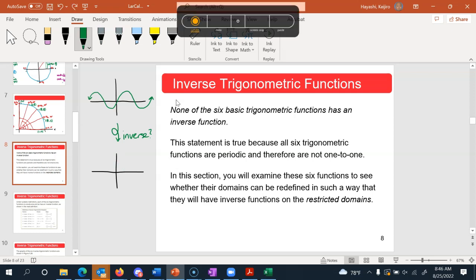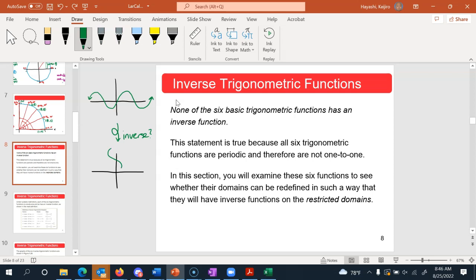Positive x, positive y. Okay. Is this abomination of a graph? Yeah, that's not a function. That's because the original trigonometric function is not one-to-one.